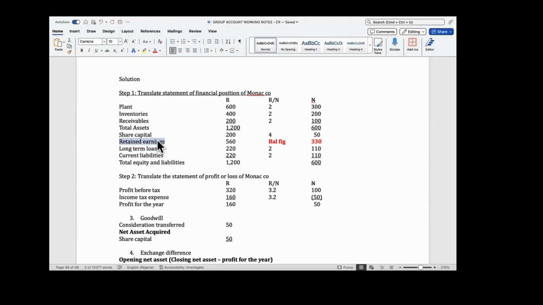So if I want to say, okay, what's my opening? I just need to remove my profit for the year from these retained earnings. It takes me to the retained earnings at the beginning.